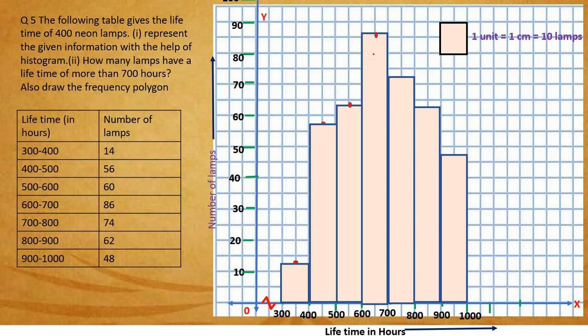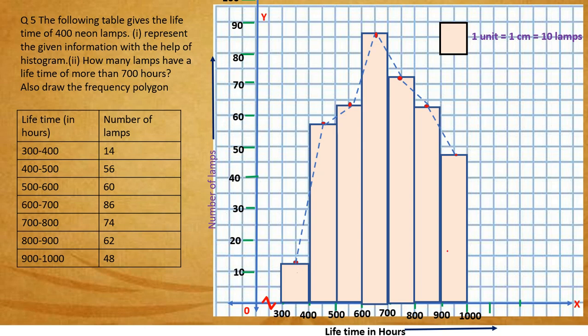Like this we take the midpoints of all the bars, and then we join all these midpoints in this way. So we get this line graph, which is the frequency polygon.